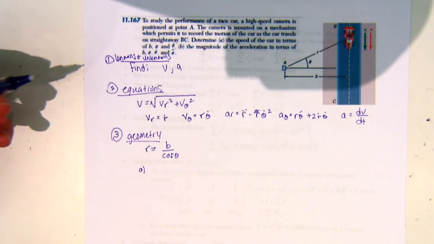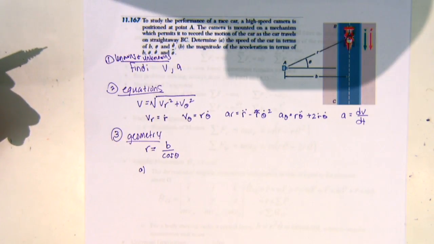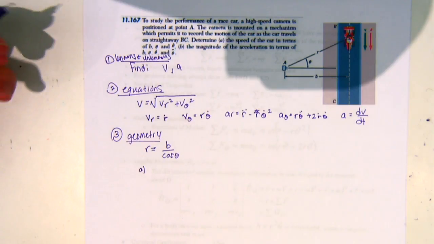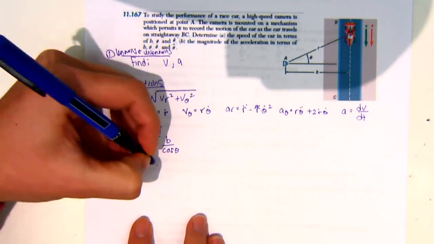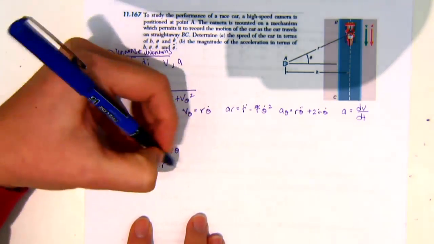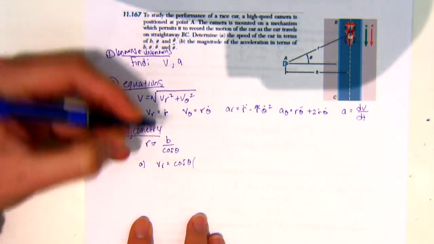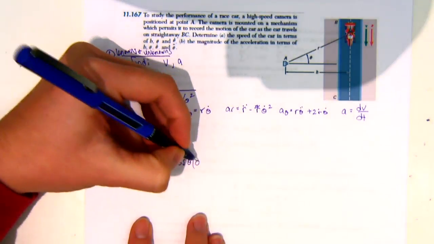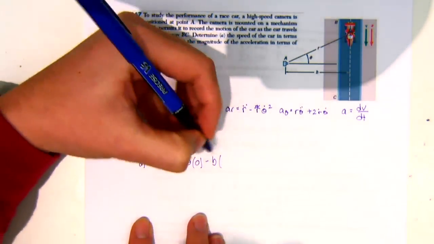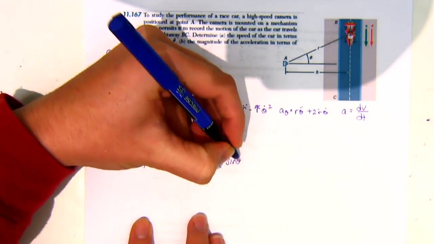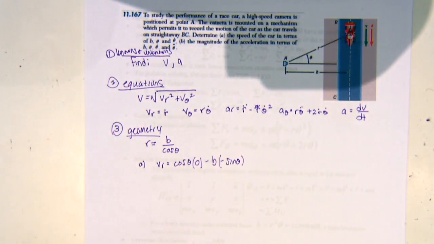This is the quotient rule: low d high minus high d low over low squared. So VR is equal to cosine of theta times the derivative of high, which is 0, minus high times the derivative of low, which is negative sine theta. But we also have to use the chain rule because theta is itself a variable and it's dependent upon time.